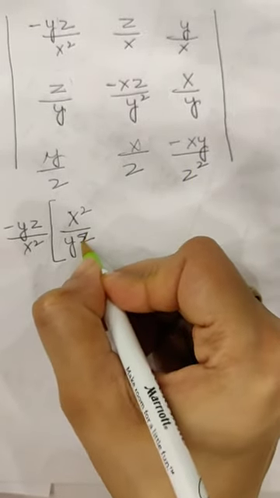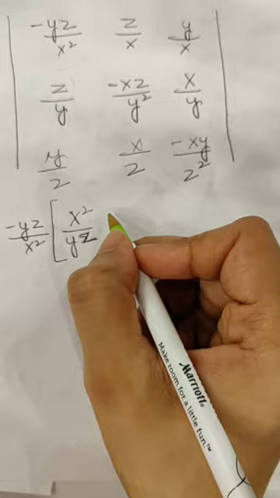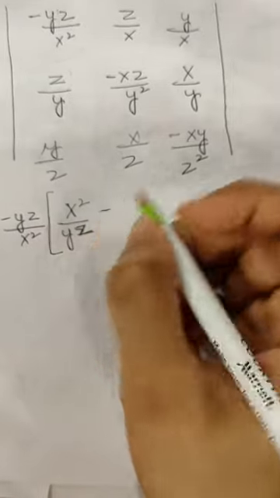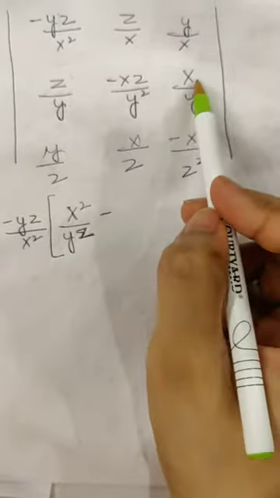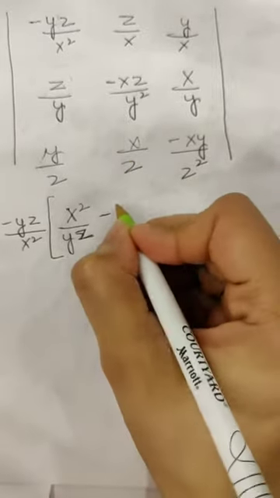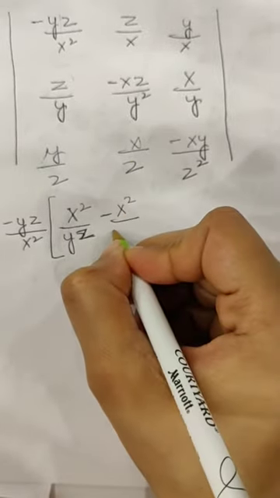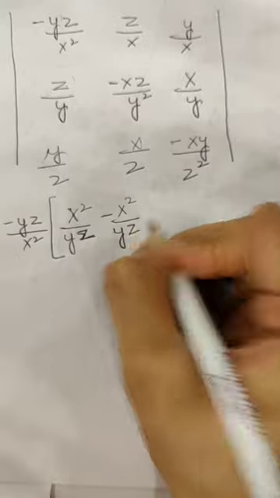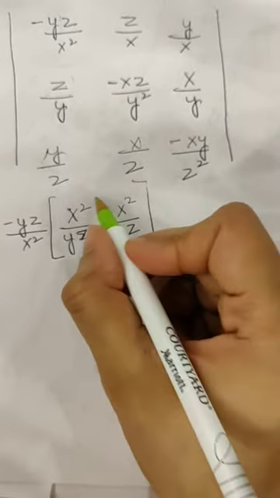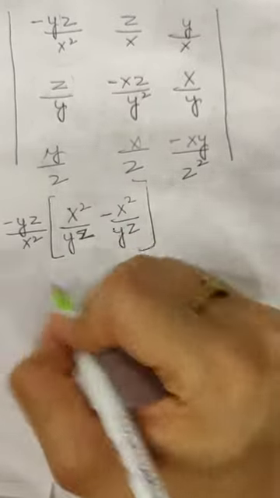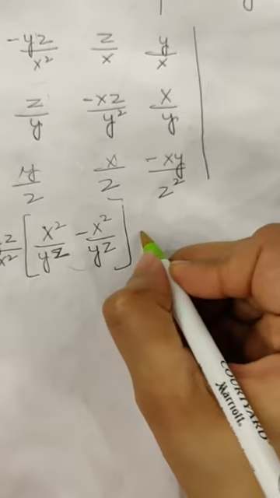Minus this into this, which is x square by yz. So good news, this becomes 0, so this entire term becomes 0.